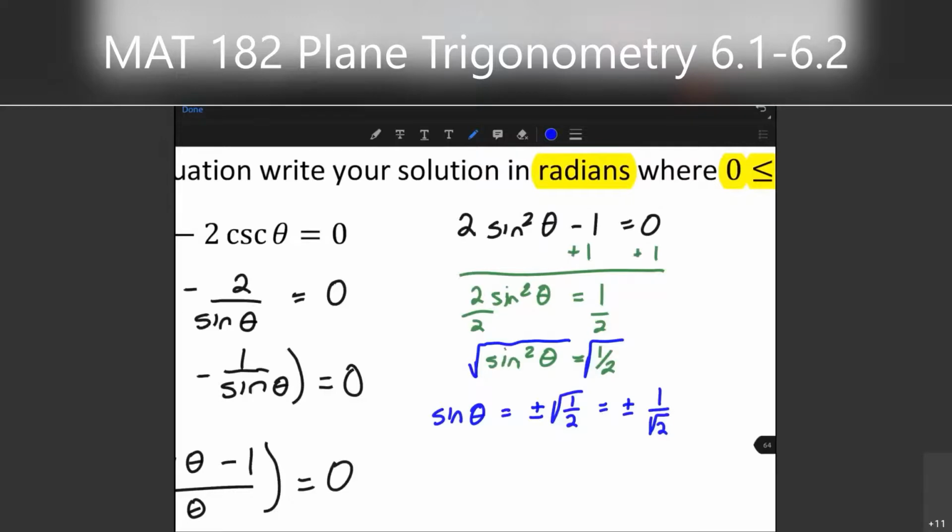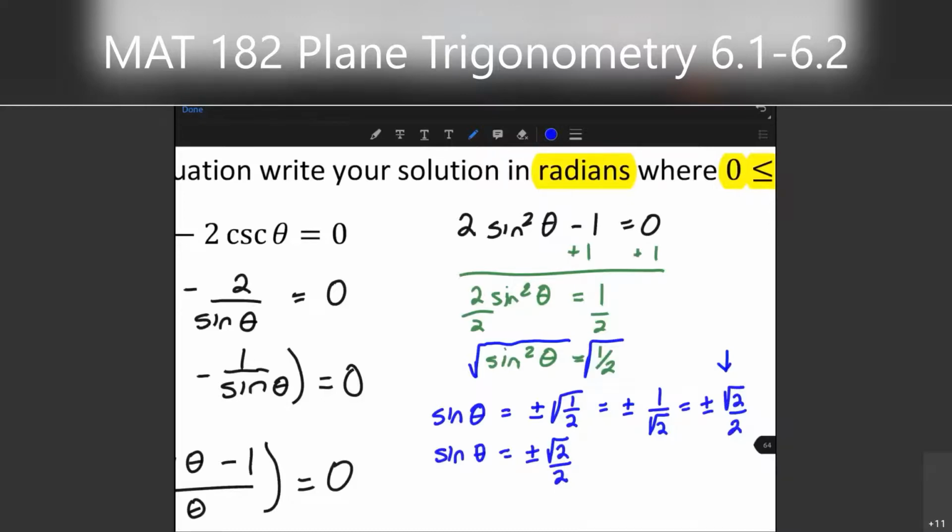Or we've seen this also represented as plus or minus square root of 2 over 2. So this is a common ratio that we have seen in the past, square root 2 over 2. So we really have sine of theta equal to plus or minus square root 2 over 2.